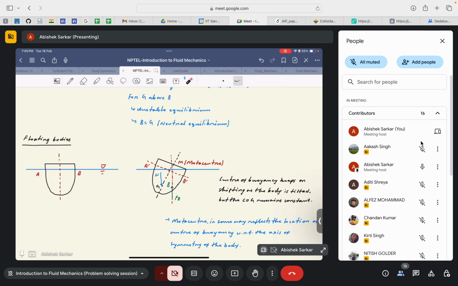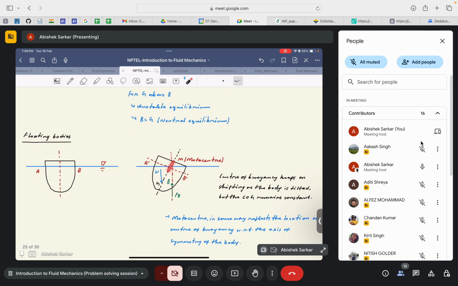So since more fluid is being displaced in this part, or in this half of the body, I must say, the center of buoyancy tends to shift accordingly to balance or resist this particular displacement.